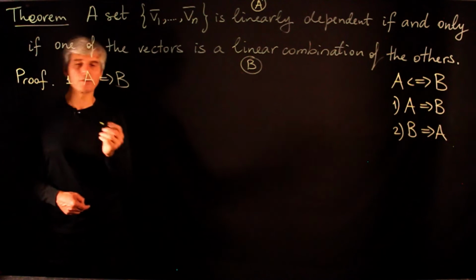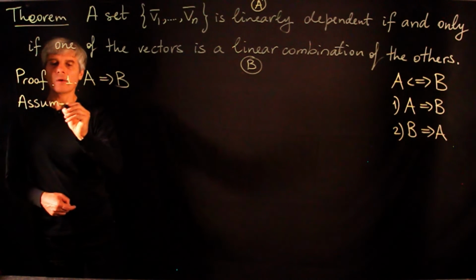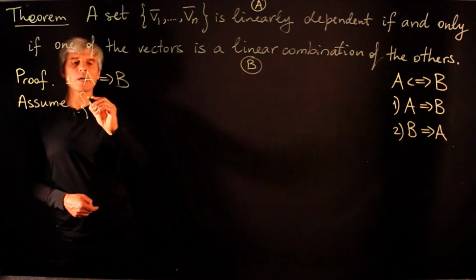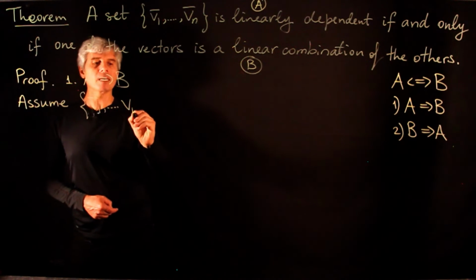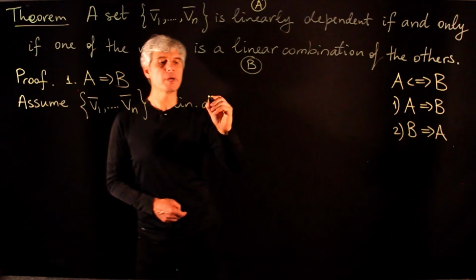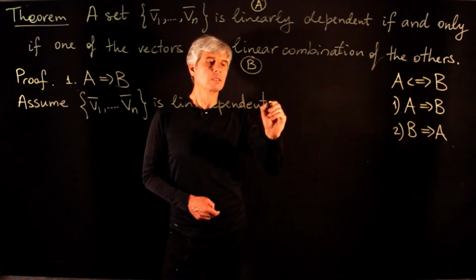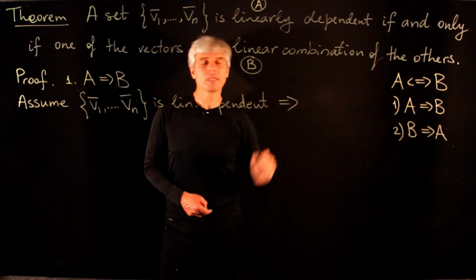So how do we prove this? We assume that our set, V1 through Vn, is linearly dependent. What does it mean?